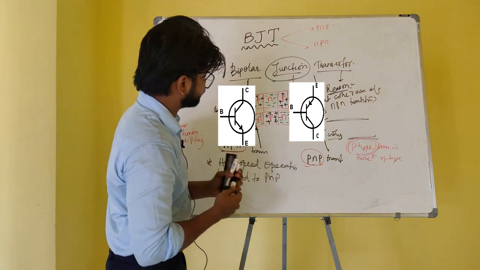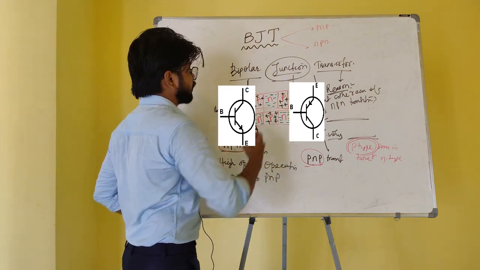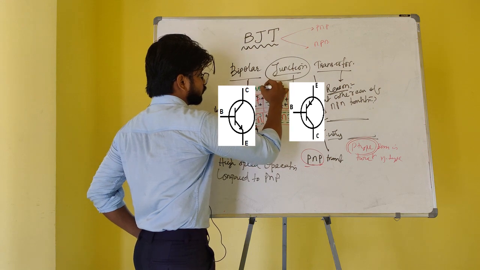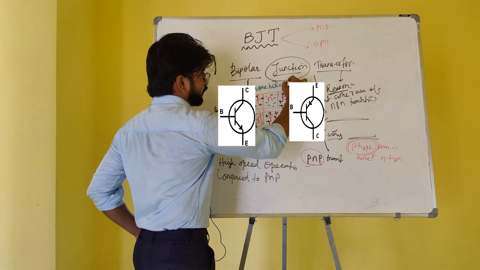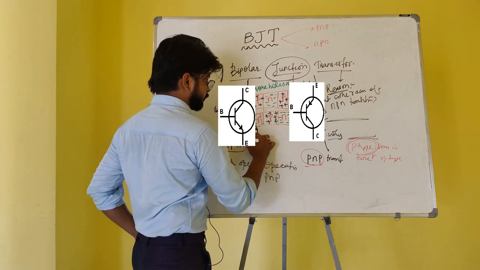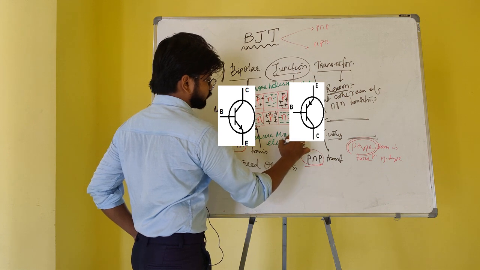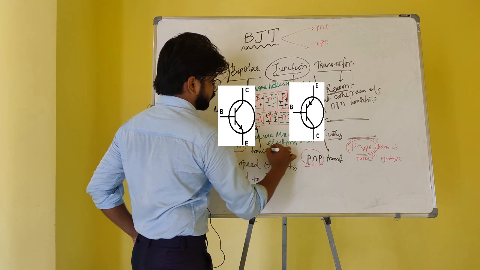So in a PNP transistor there are more holes than electrons, and in an NPN transistor there are more electrons than holes.